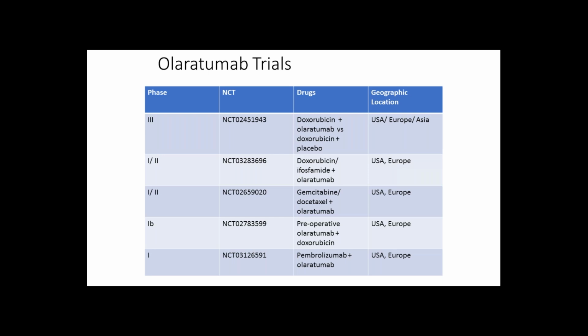So we're looking at the pre-treatment biopsy specimen, but also at the post-operative specimen to see what changes during treatment, to try and identify people most likely to benefit from treatment with olaratumab. And the other very interesting trial is of the PD-1 inhibitor pembrolizumab in combination with olaratumab. So there are 5 very interesting and varied trials there of olaratumab in combination with other agents.